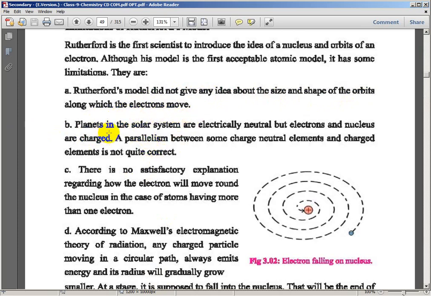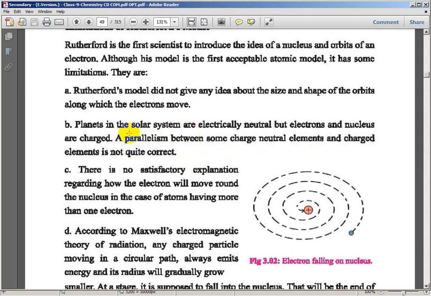And he also compared it to the planets in the solar system, which are electrically neutral, but electron and nucleus are charged. So a parallelism between some neutral elements and charged elements is not quite correct.